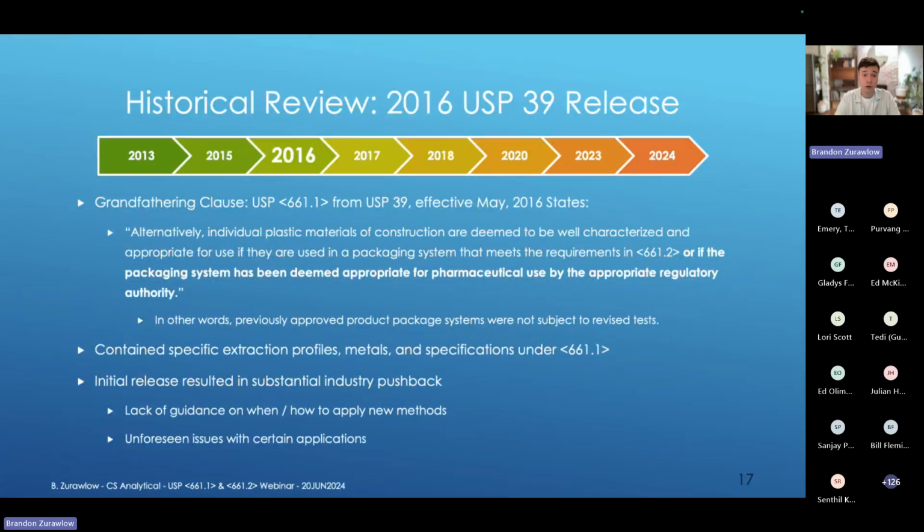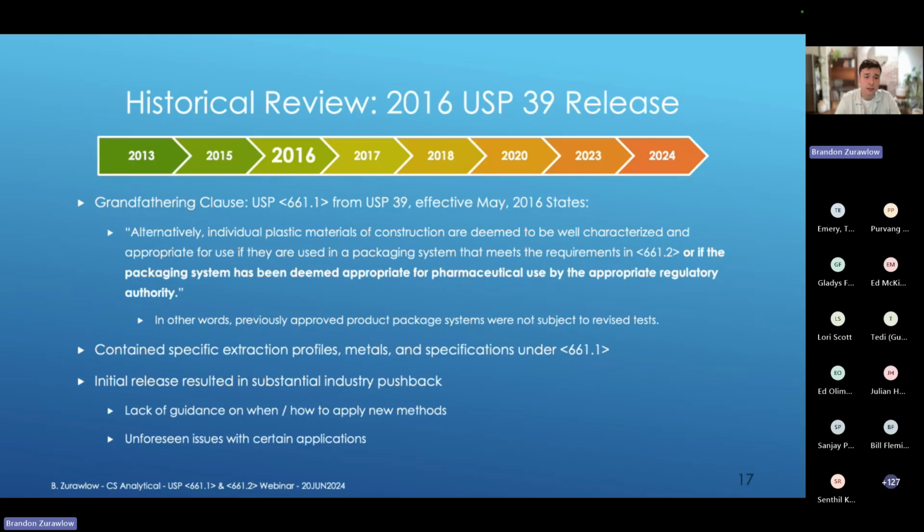They also, in this initial release, did include specific extraction profiles for extractable metals and specifications under 661. And unfortunately, this initial release resulted in substantial industry pushback. The scope of change from the old 661 to these new chapters was massive.